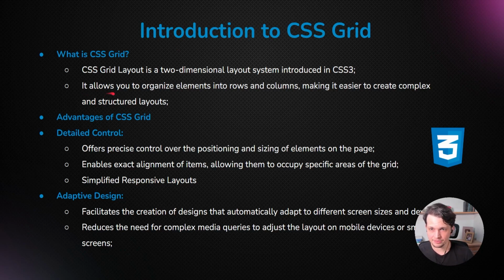And it allows you to organize elements into rows and columns, making it easier to create complex and structured layouts. So we have the layout from a software like Figma, and we want to reproduce this on VS Code, on our editor with HTML and CSS.